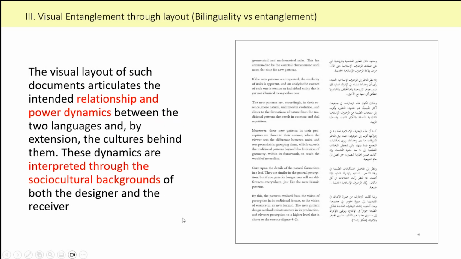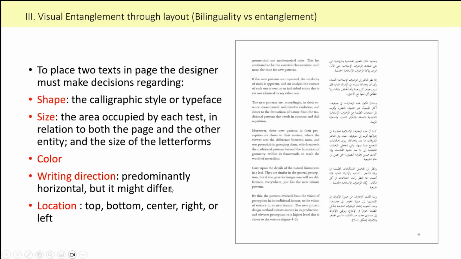The visual layout of such documents articulates the intended relationship and power dynamics between the two languages, which we'll talk about later, and by extension the cultures behind them. These dynamics are interpreted through the socio-cultural backgrounds of both the designer and the receiver.